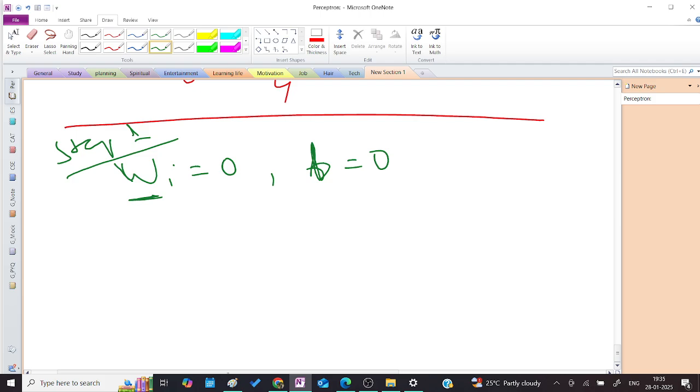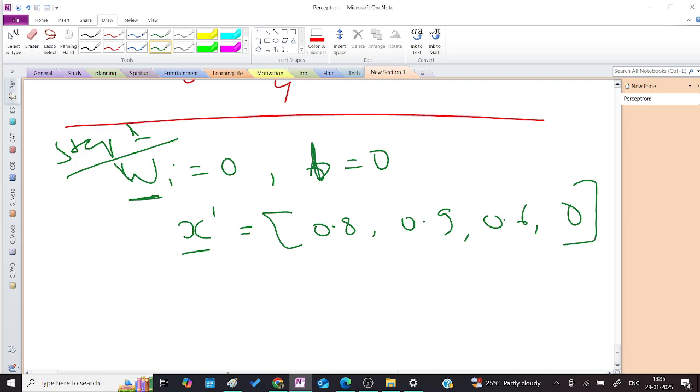Then suppose our input x is 0, 0.8, 0, 0.9, 0.6 and 0.